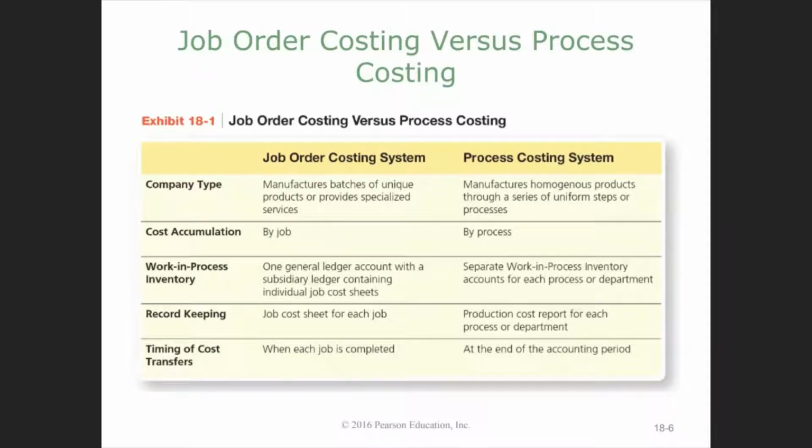And then when we look at the cost accumulation for job order costing, they accumulate their cost by job. For process costing, they accumulate their cost by process. For work in process inventory, with job order costing, we have one general ledger account with a subsidiary ledger containing individual job cost sheets. For process costing, we have separate work in process inventory accounts for each process or department.